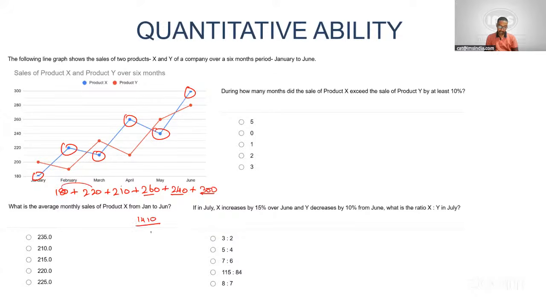So 1410 divided by 6. I understand 141 is 3 times 47, so it's roughly 47 times 5, or 235. This is the only question I can solve so fast, so I'm moving to the next question.